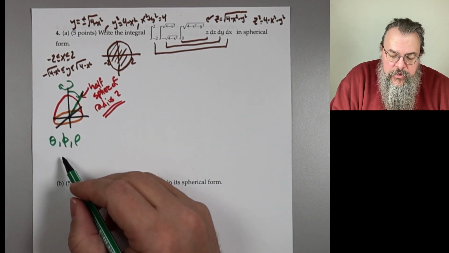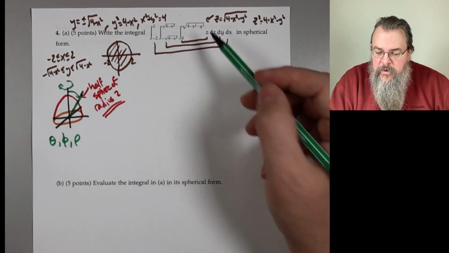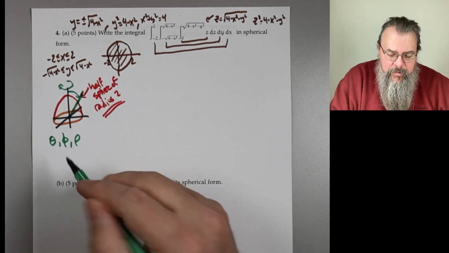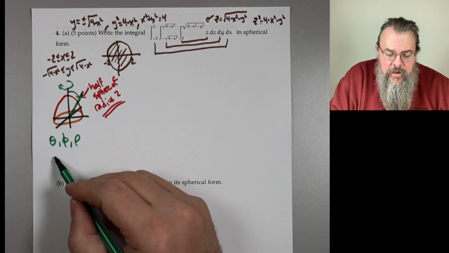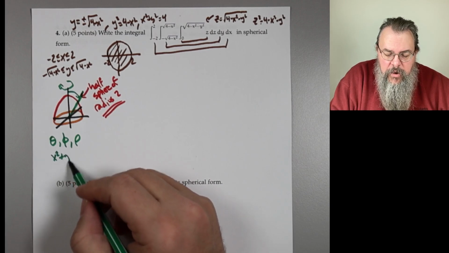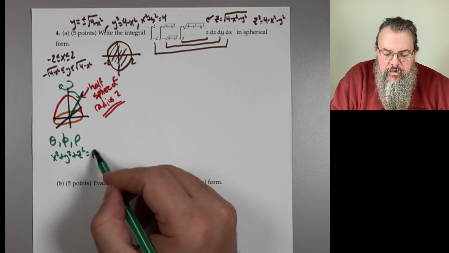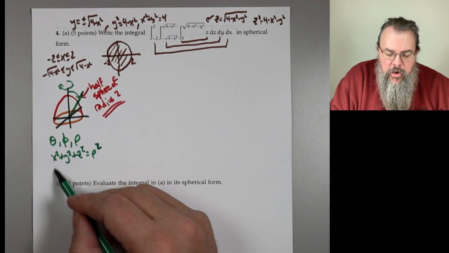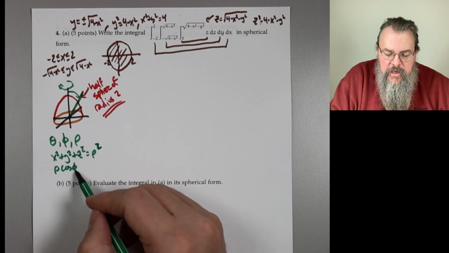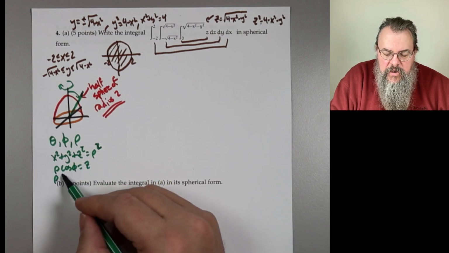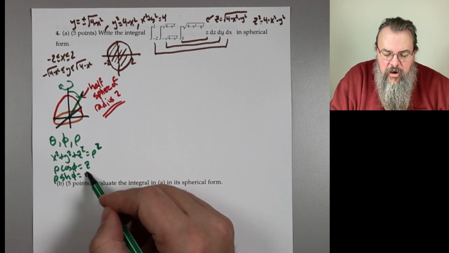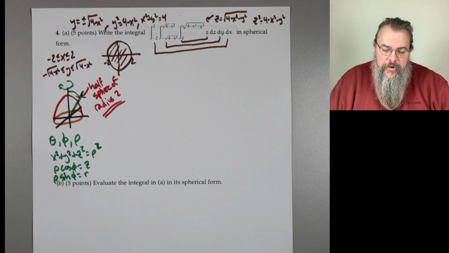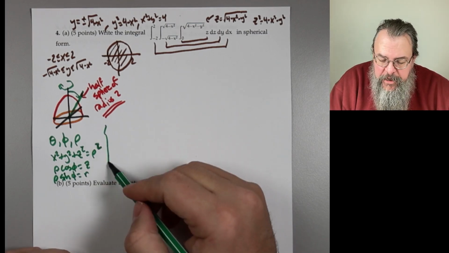When changing from Cartesian into spherical, the 3 most important things to remember are that x squared plus y squared plus z squared equals rho squared, that rho cosine phi equals z, and rho sine phi is r, the same kind of r that you see in polar coordinates. Okay, so we have that in our back pockets.